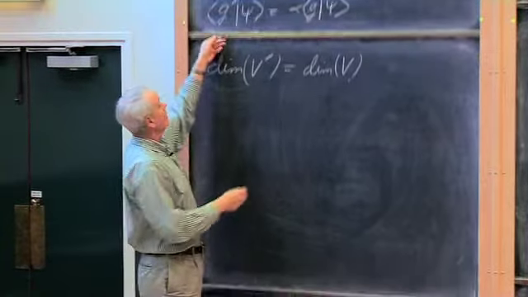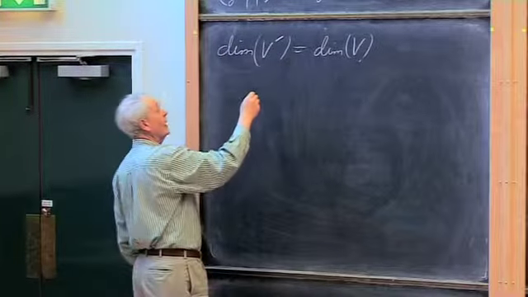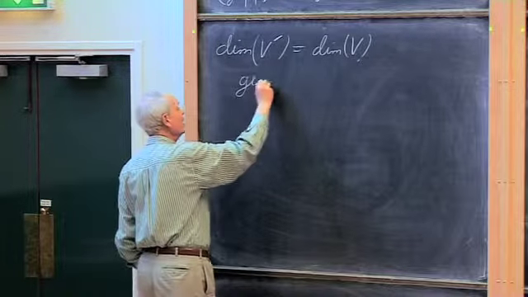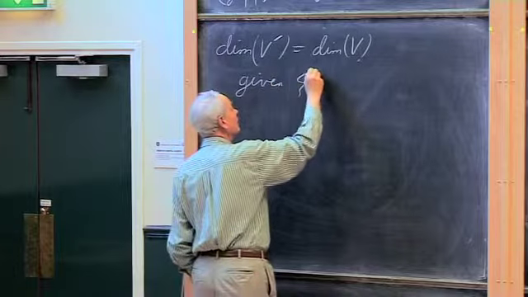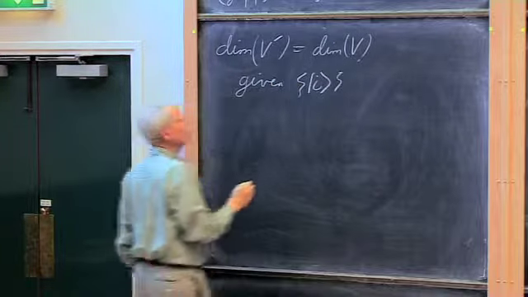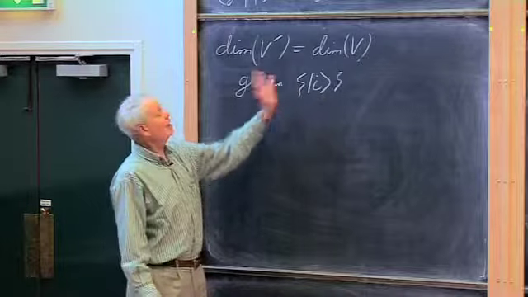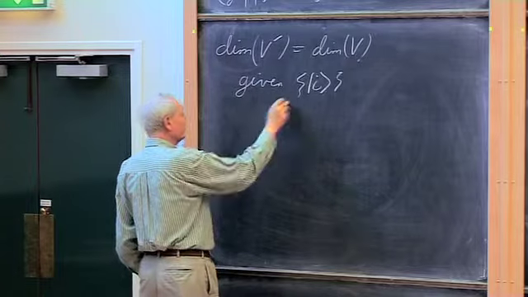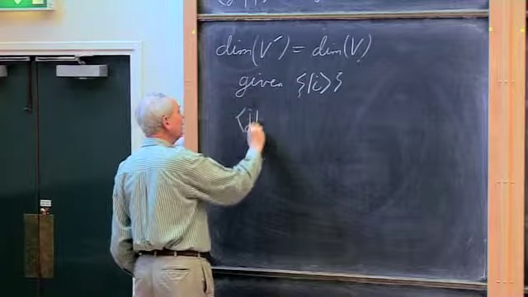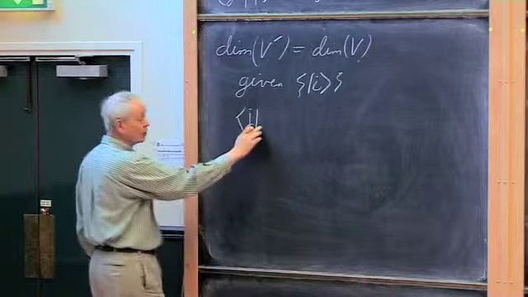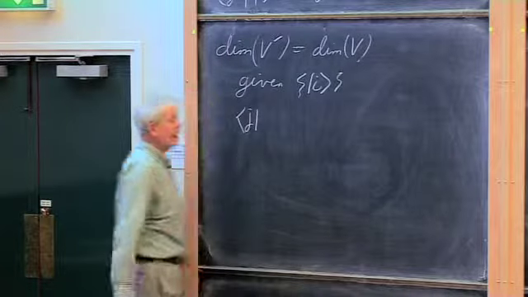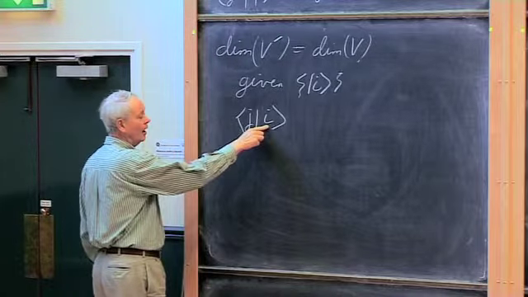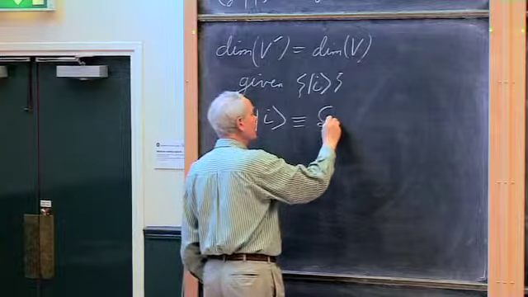And how do we define this? Well, we prove. So if we're given a basis of kets |i>, for each one of these we define a bra, and we do it as follows. We say that the bra <j| is the function on the kets such that this complex number <j|i> is equal to delta ij.